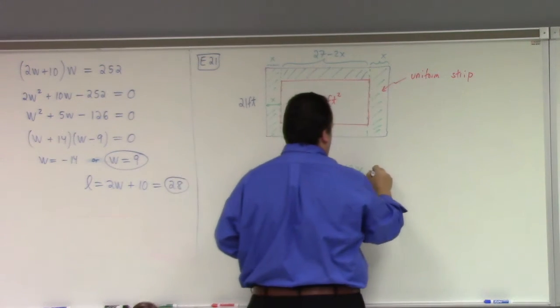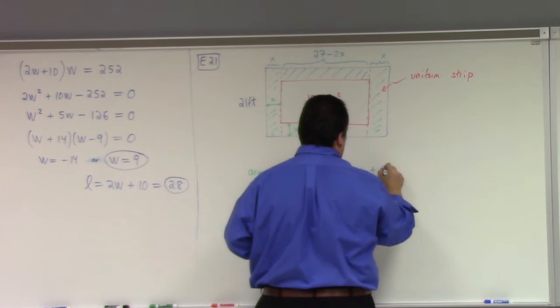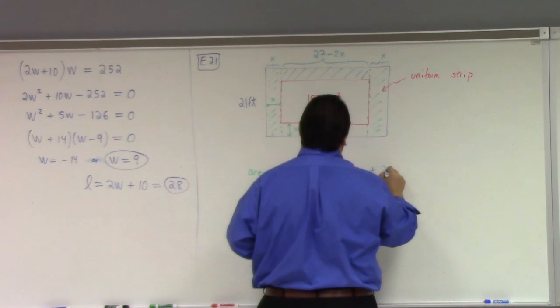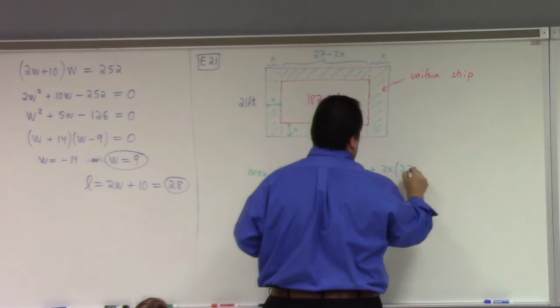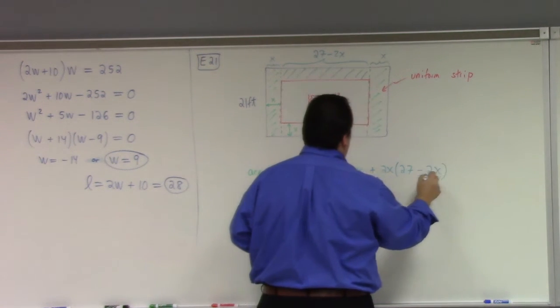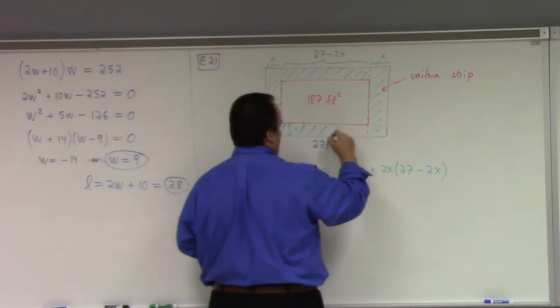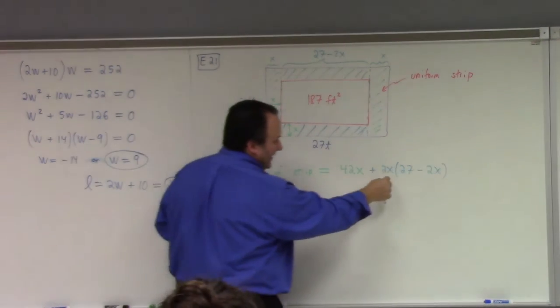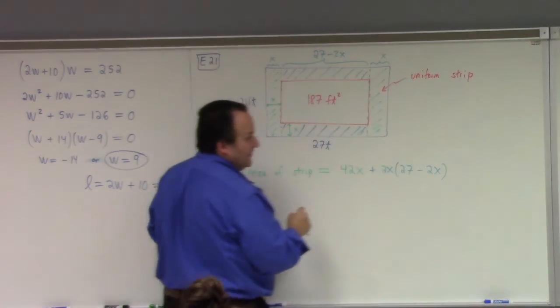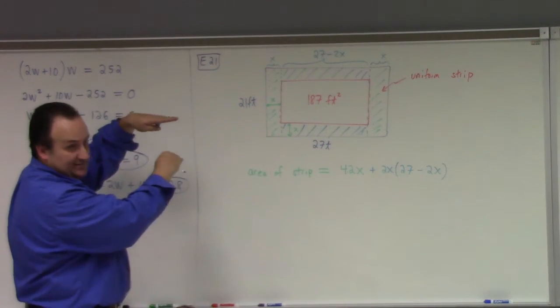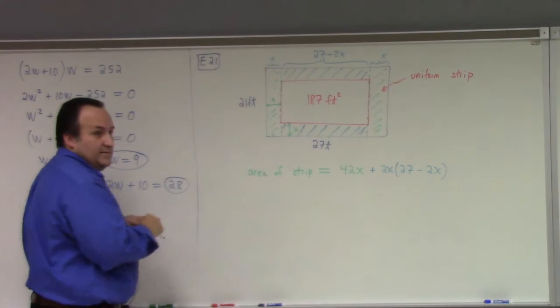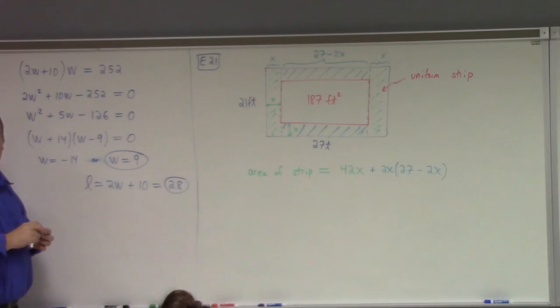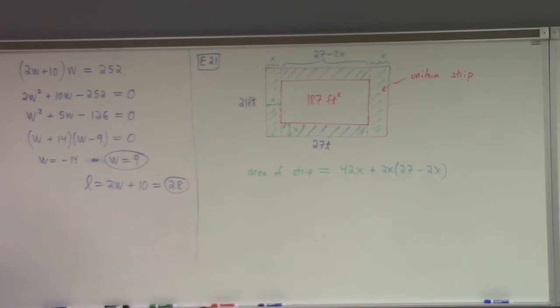And so we have plus x times 27 minus 2x. That's the area of the horizontal piece, because I have x as the height and 27 minus 2x as the width of those strips, right? So that's the area of the strip.